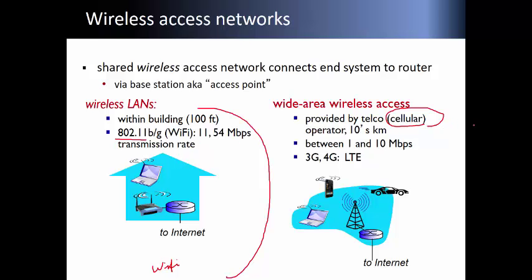This is cellular communication, for example, GSM. Look at the speed on this slide. This is about 10 megabps. If it's Wi-Fi, 54 megabps. Wi-Fi is much faster than cell signals.